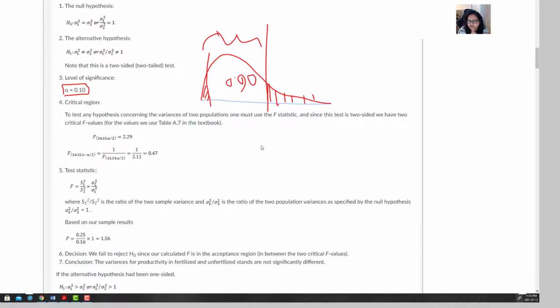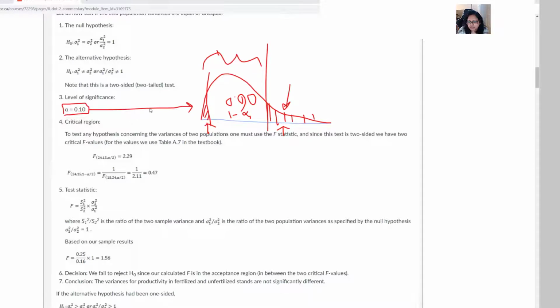The level of significance is divided into two areas, but it's not exactly the same in both areas. We cannot say alpha by 2. This middle area is 1 minus alpha, but if we add these two areas together, it will be 0.1.